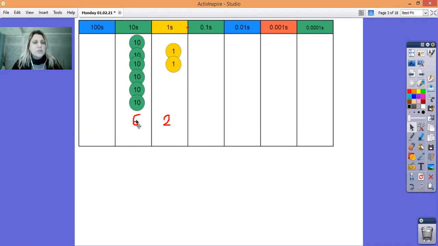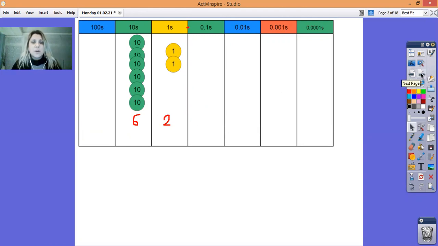We have 6 lots of 10 there, 2 lots of 1s, so 62. But we need to divide that by 100. We know that when we divide something by a multiple of 10 or by 10, we're moving to the right side of a place value grid. In this case, we're going into the decimals.